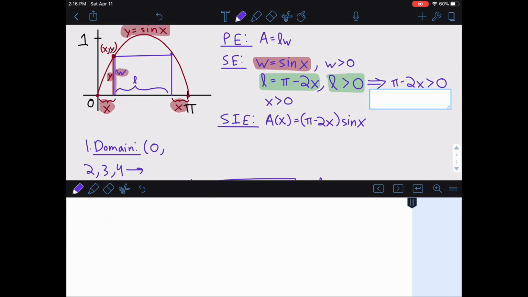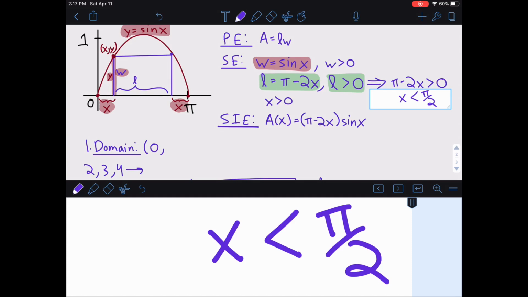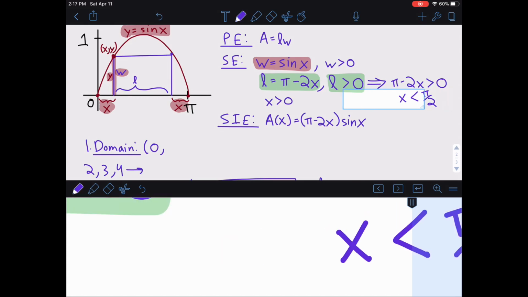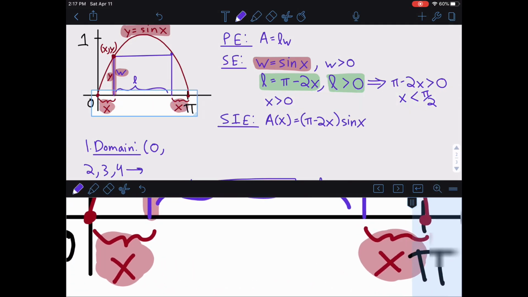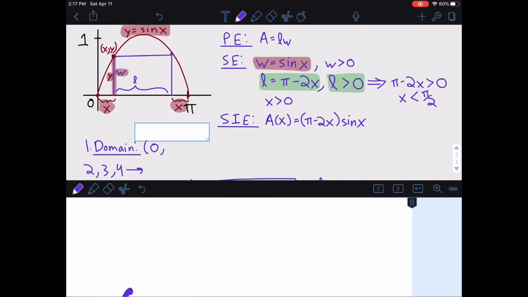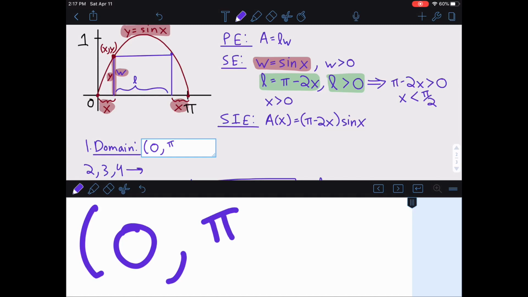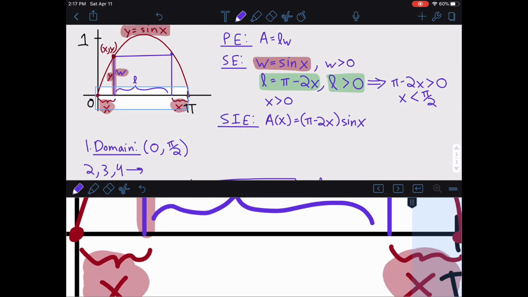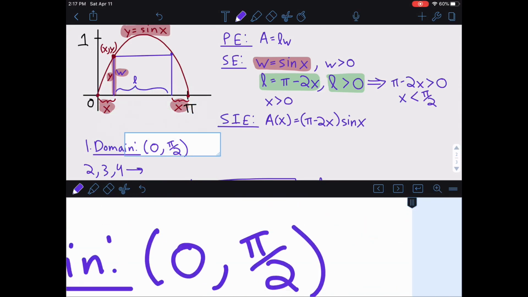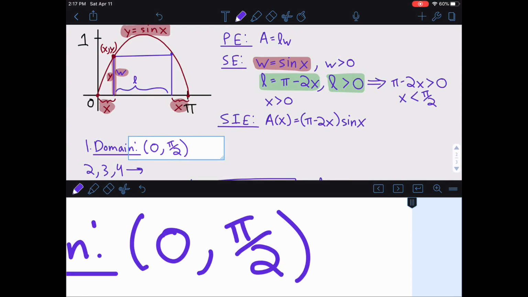And now we can solve this inequality and get that x has to be less than pi over 2, which makes sense, right? Because we're cutting off x on each side of the rectangle, pi over 2 from the left, pi over 2 from the right, that would add up to pi. And so it has to be less than pi over 2, and it has to be parentheses because if we go equal to pi over 2, well, then the length would be 0. Okay? So the domain is 0 to pi over 2 here.